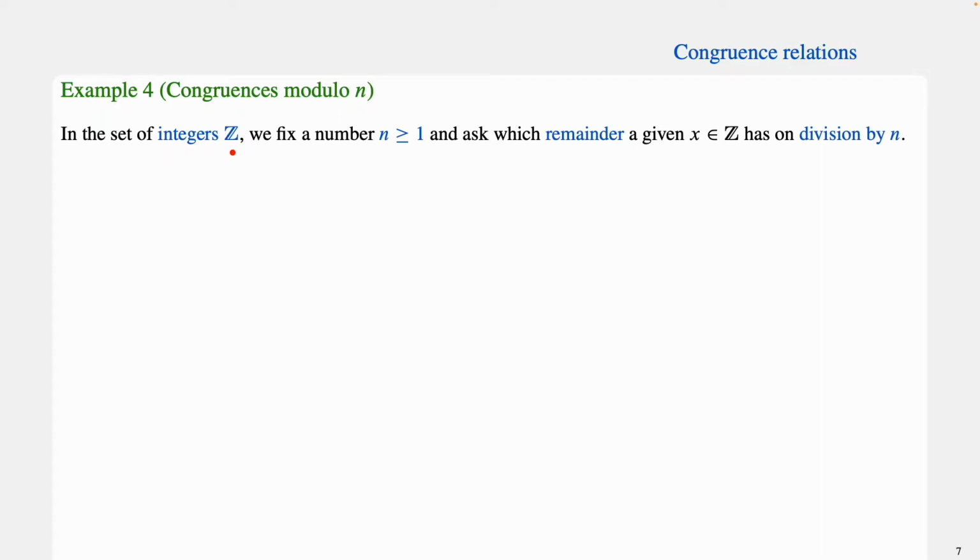In the set of integers, we fix some number n greater or equal to 1, and we ask which remainder a given number x from the integers has when we divide it by this fixed number n. If we divide by n, the possible remainders are the numbers 0, 1, up to n minus 1. So everything that fits between 0 and n.